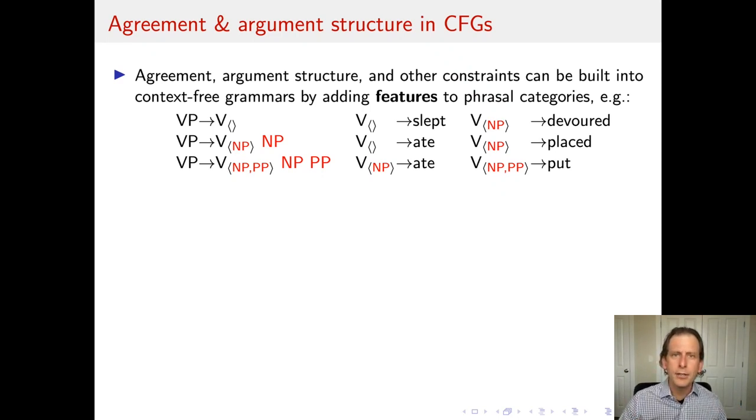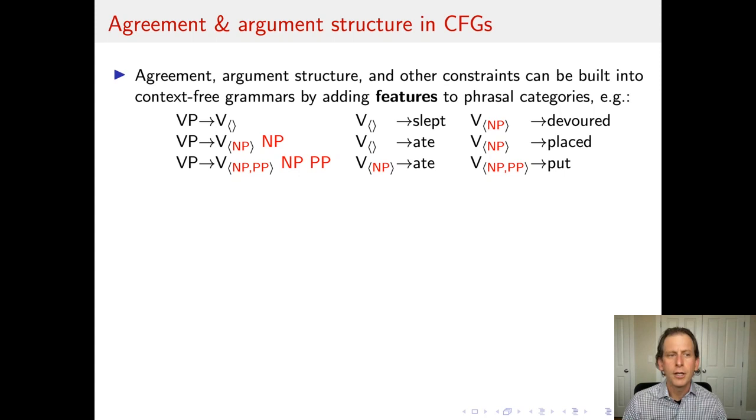As you get into the details of writing a grammar, or specifying a grammar in a more refined way, you will want to build in mechanisms that also rule out some of those starred sentences, those examples that were ungrammatical, and retain the ones that are grammatical. One mechanism within context-free grammars for doing that is to enrich the set of phrasal categories to not just have labels like verb, but also richer specifications and structure.